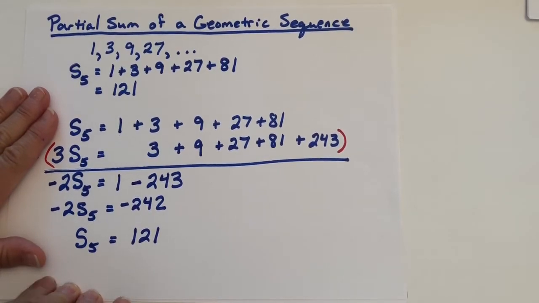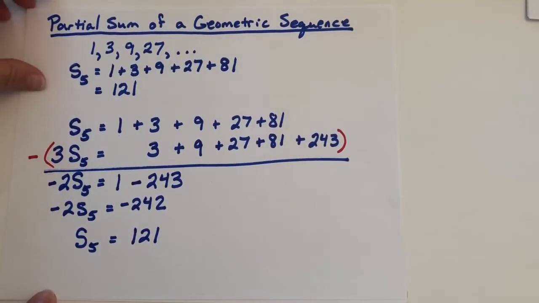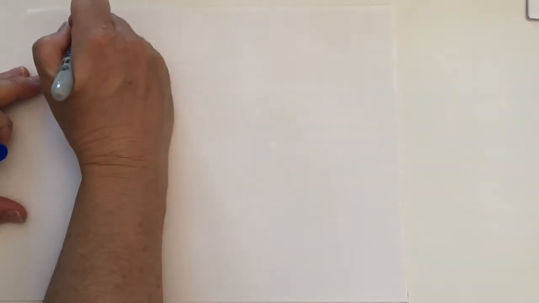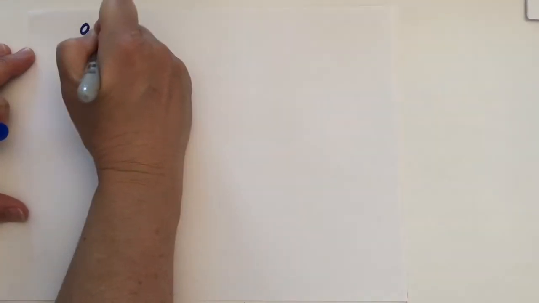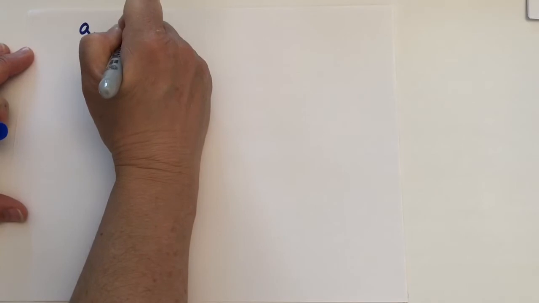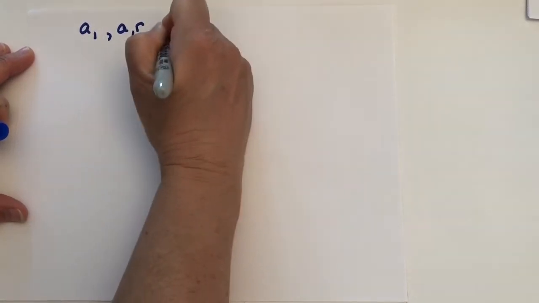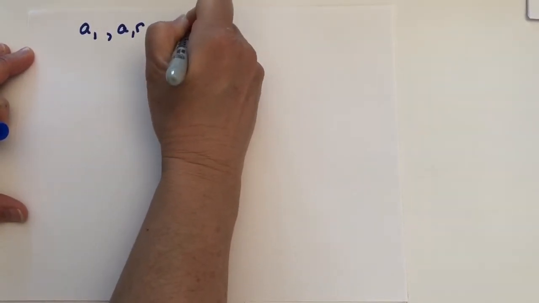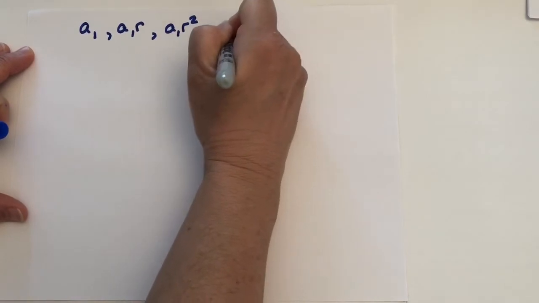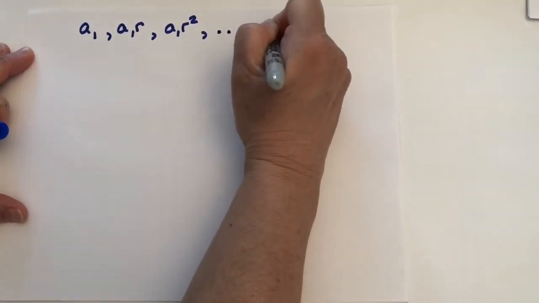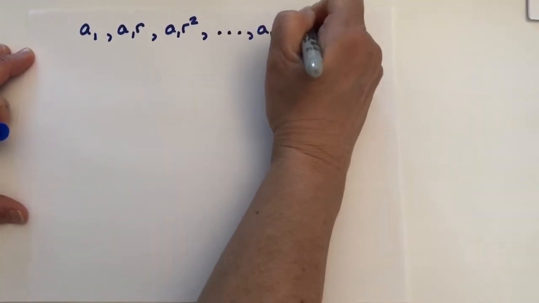So here we go. We're going to come up with the formula for the nth partial sum of a geometric sequence. So we'll let our sequence just be this: a sub 1, a sub 1 r, a sub 1 r squared, and go all the way out to a sub 1 r to the n minus 1.